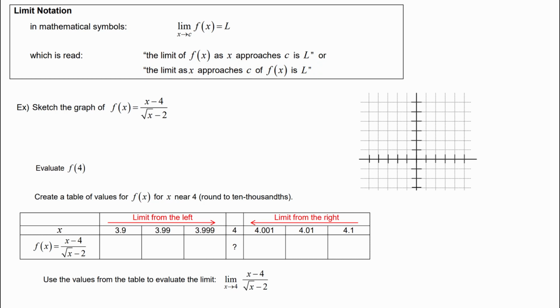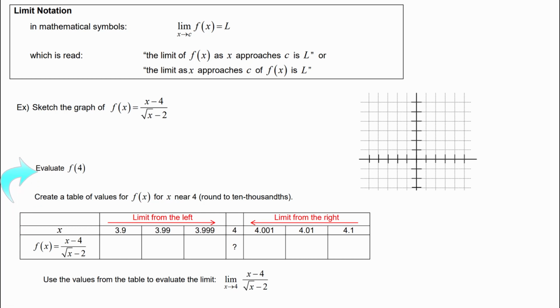Let's go ahead and do an example. Sketch the graph of f(x) equals (x minus 4) over (radical x minus 2). We would like to evaluate the limit as x approaches 4 of (x minus 4) over (radical x minus 2). So let's do it graphically the first time, and then we will do it numerically the second time.